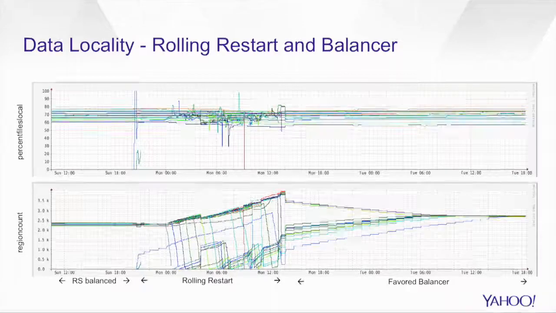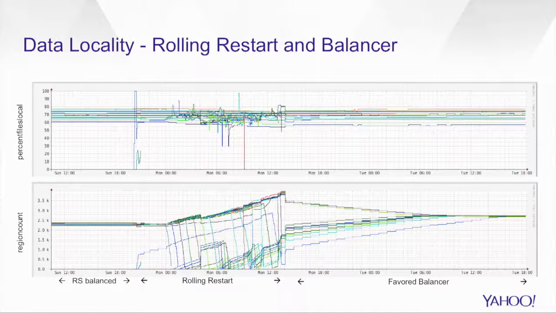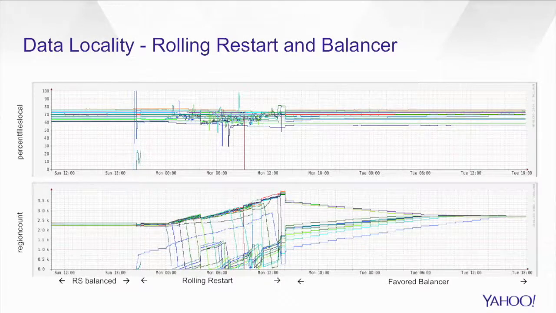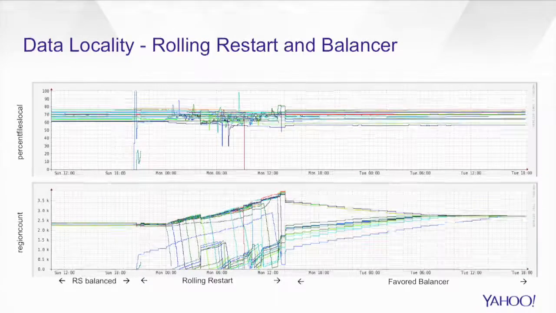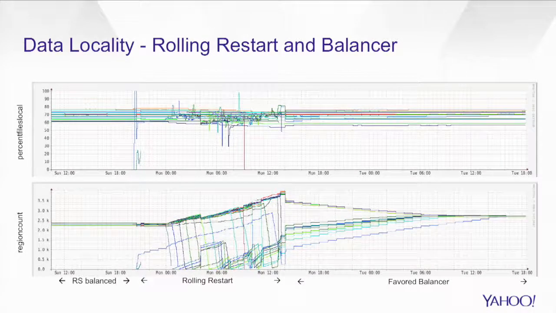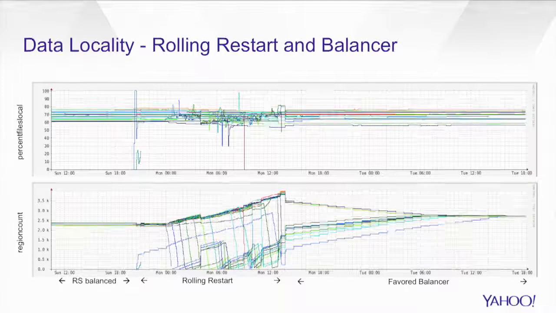Now, when this happens, as you can see, the locality doesn't change. It pretty much stays at 60 to 80%. Now I'm moving thousands of regions around. A single region server actually starts from, say, 2,400 regions and goes all the way up to 4,000 regions. You don't lose locality.